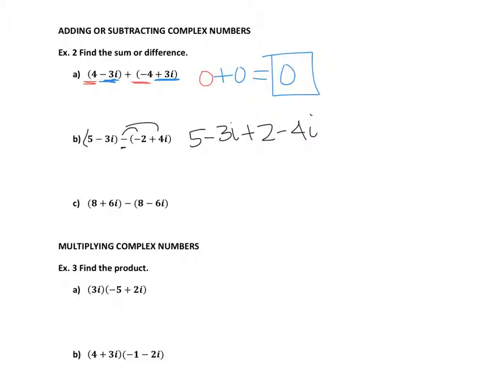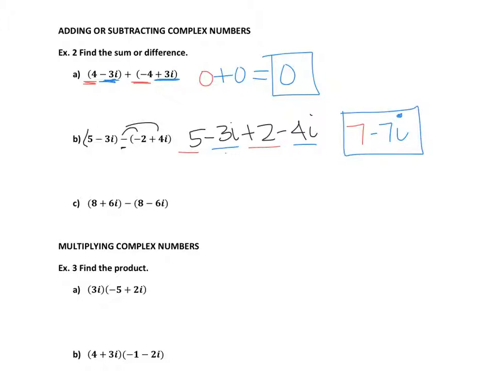And so again, you're going to combine the numbers and combine the imaginaries. When I combine the numbers, 5 plus 2 is 7. And when I combine the imaginaries, negative 3i minus 4i is negative 7i. And that is my final answer.